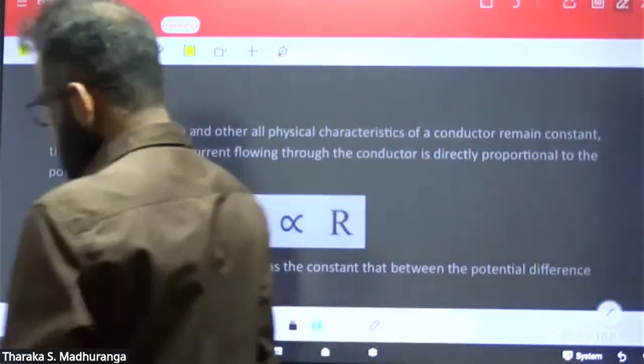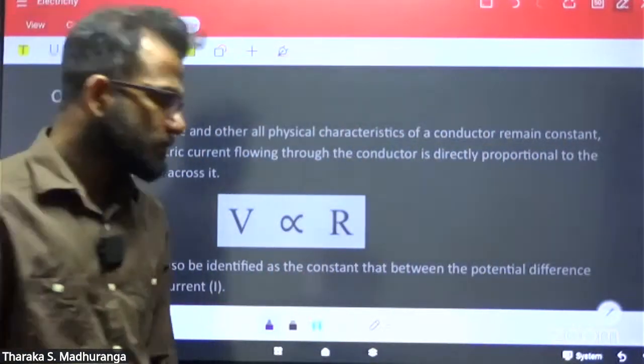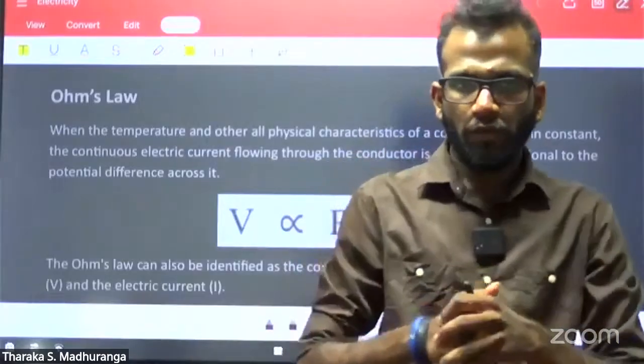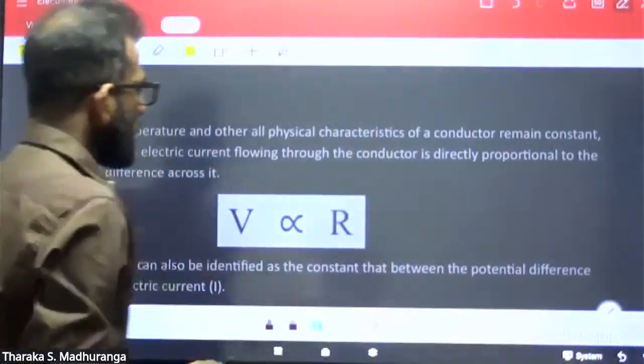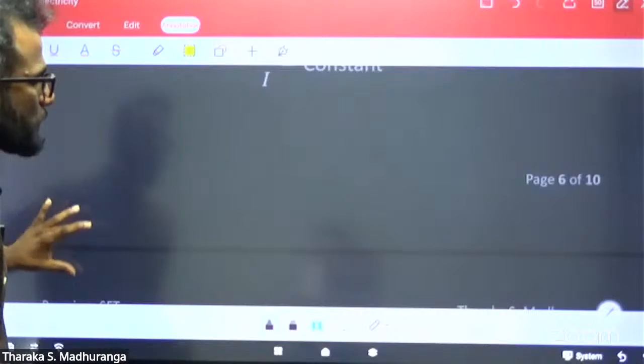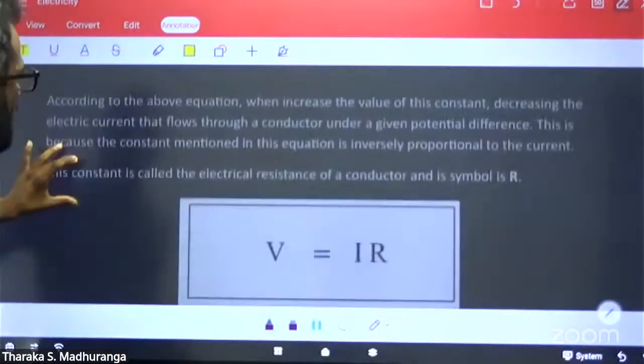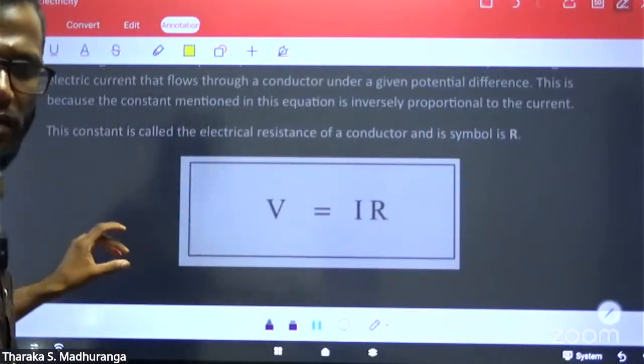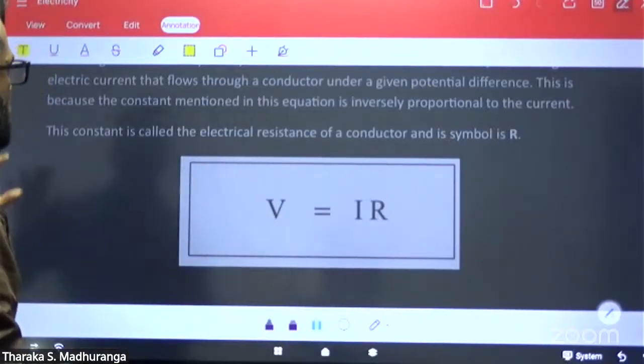Okay, Ohm's law. I will explain Ohm's law with a simple experiment.